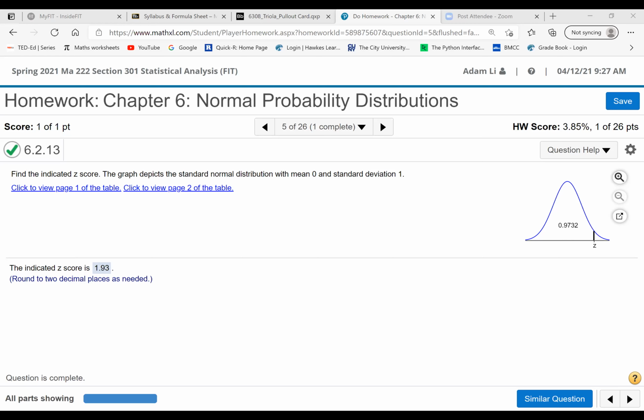Let's not use symmetrical numbers. Let me use 105 and maybe 125. Okay, this is the second question. The third question is to find the percentage of adults with an IQ score above 115, something like that.